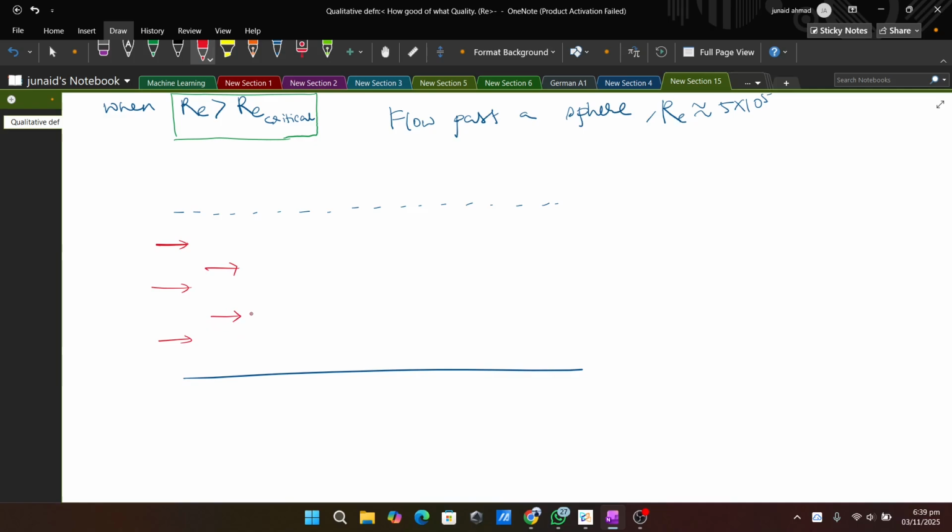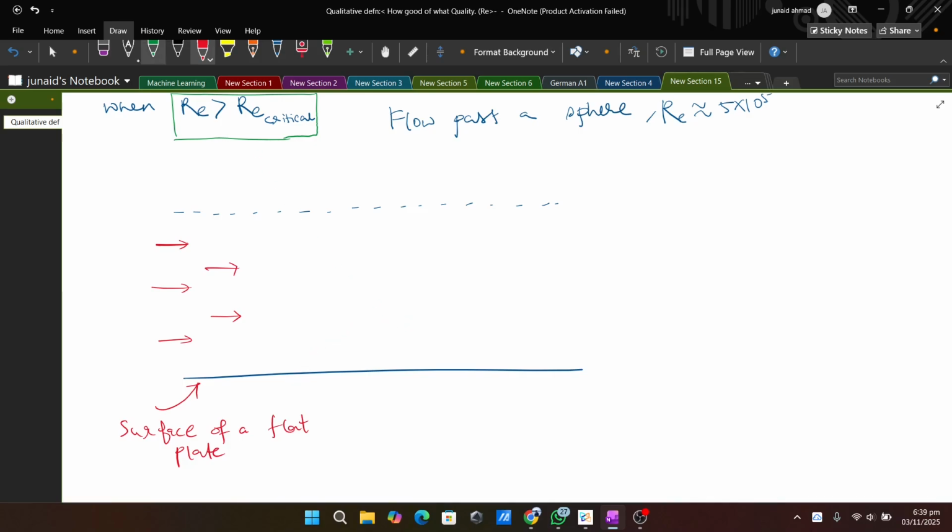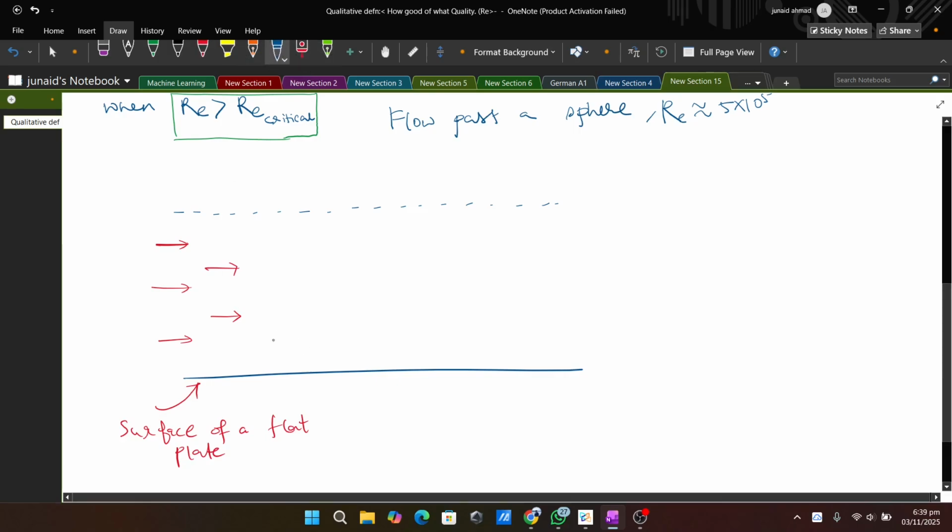This is the flow direction, and this is basically the surface of a flat plate. And we also have some nice things here that we are very interested in and going to look at.